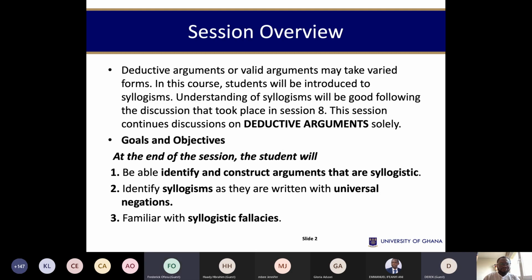Again, you should have a little idea about what an inductive argument is. You should be able to identify syllogisms that are written with universal negations. And you should also familiarize yourself with syllogistic fallacies. You should also know what we mean by syllogistic fallacy if you come across one.